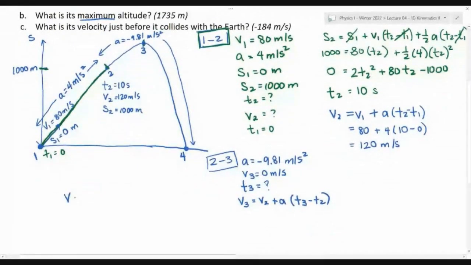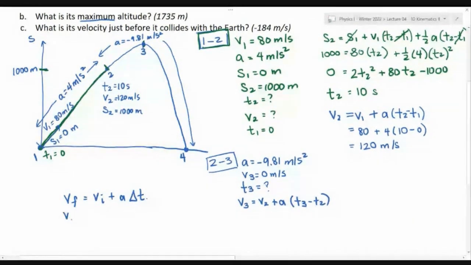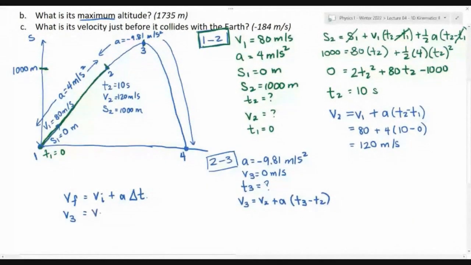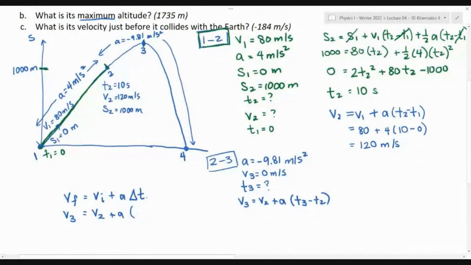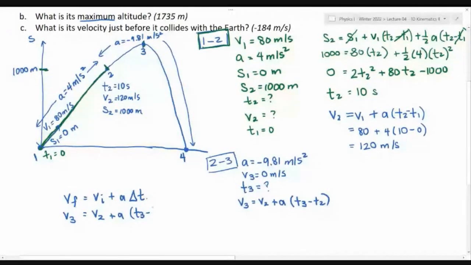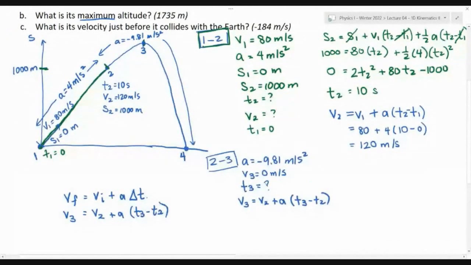I'm using this equation, V final equals V initial plus A delta T. But we're in section 2 to 3, so final is 3 and initial means 2. And delta T is the same as T3 minus T2. Does that make sense to people? Do you have any questions? Let me know if you have questions, because I know it's a bit confusing with all these numbers. So we're looking for this T3 over here.